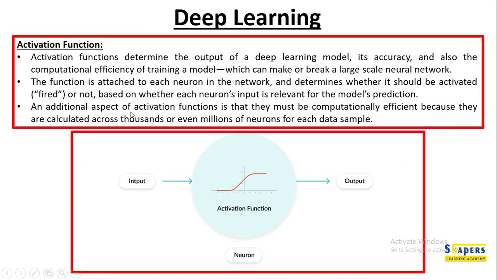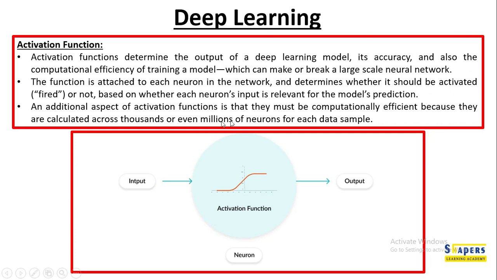An additional aspect of activation functions is that they must be computationally efficient, because they are calculated across thousands or even millions of neurons for each data sample. Each deep neural network has millions of neurons, and each neuron is responsible for the prediction the network is working on. So the activation function works as the actual firing element, determining whether a neuron is fired or not.